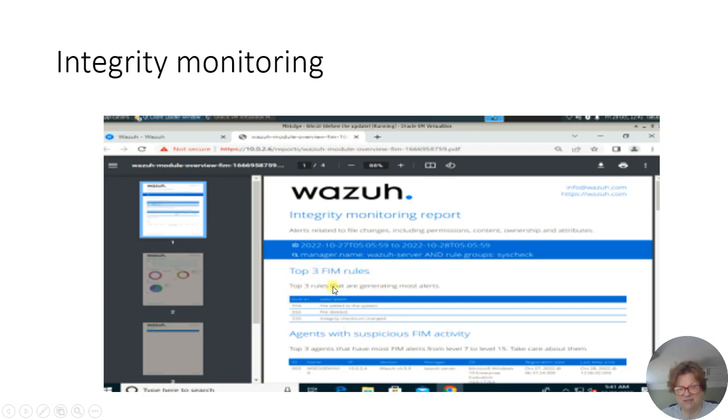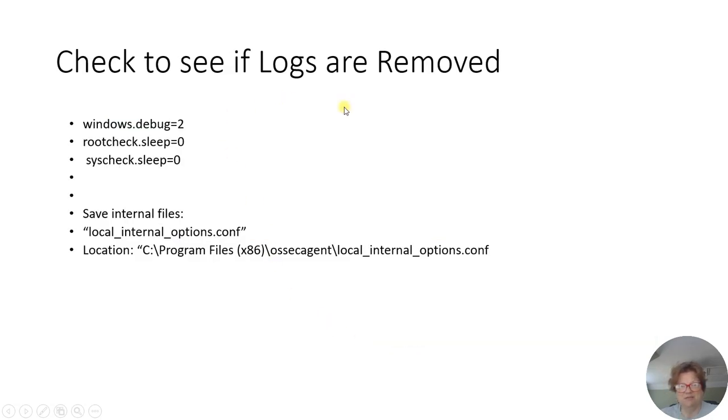And you can set up these FIM rules and agents to show that. And some of that is using Windows and the syscheck again, and then looking at where the system files are.